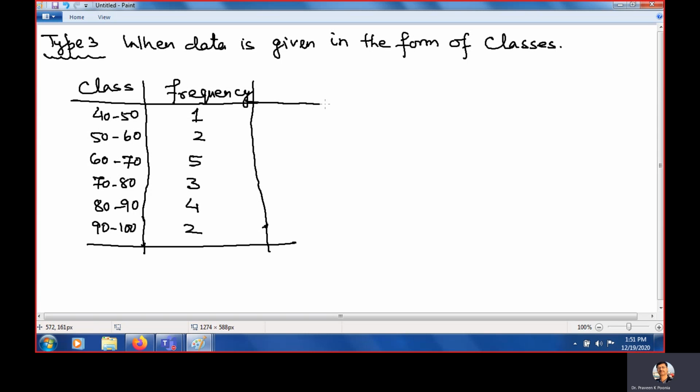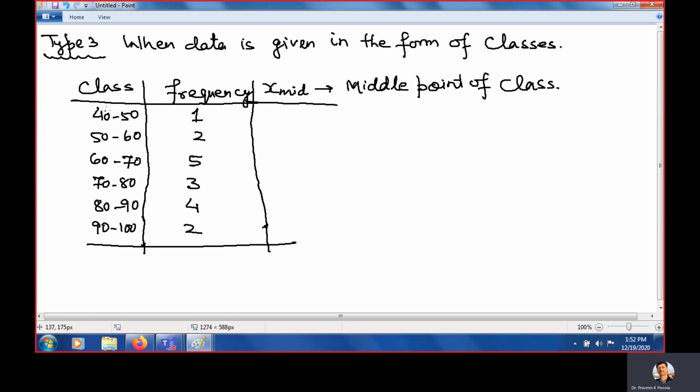Okay, then how do we proceed? Then we find x mid. X mid means the middle point of the class. And how to find the middle point of the class?